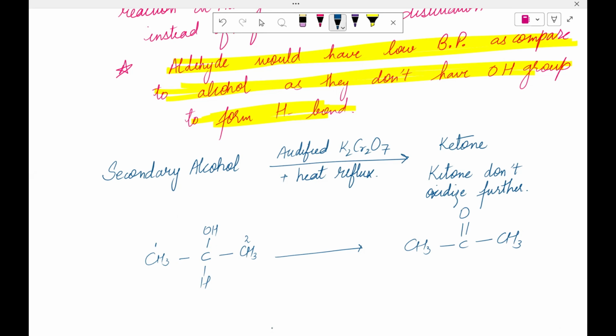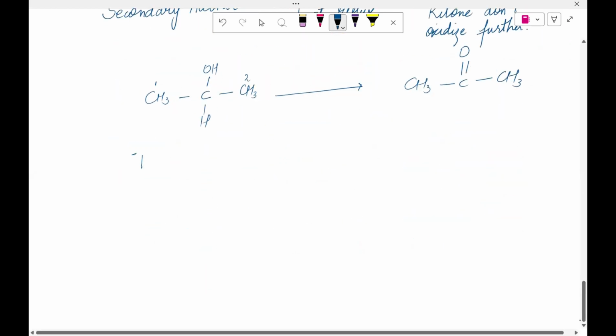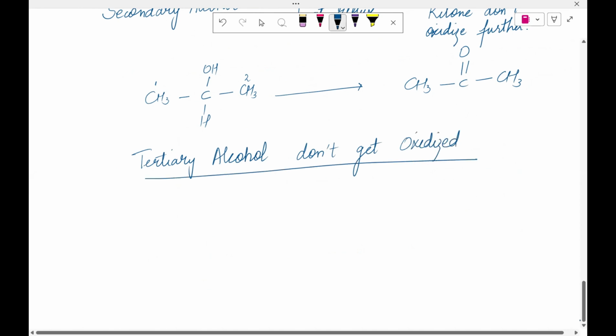So now remember that tertiary alcohols don't get oxidized. Is that clear?